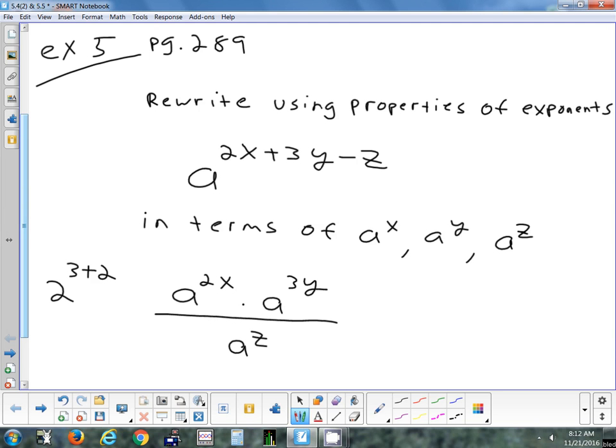So all they want us to really do is rewrite this so you have an a to the x, an a to the y, and an a to the z. We've got an a to the z. But I don't have an a to the x yet. I have an a to the 2x. So here I'm multiplying the 2 and the x. When do you multiply numbers to calculate your exponent? Right, so can you tell me how you would rewrite this?